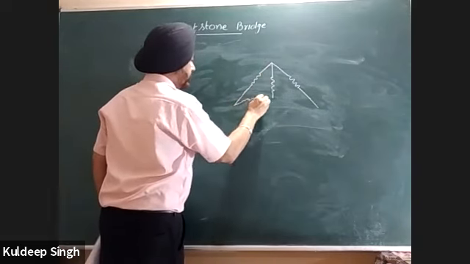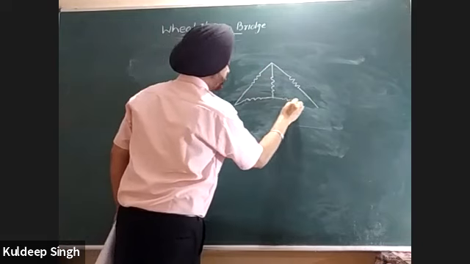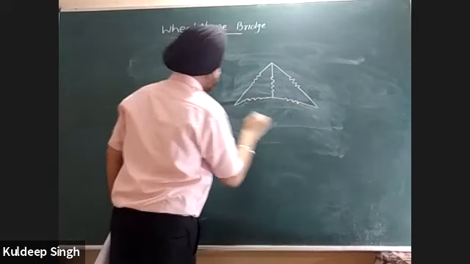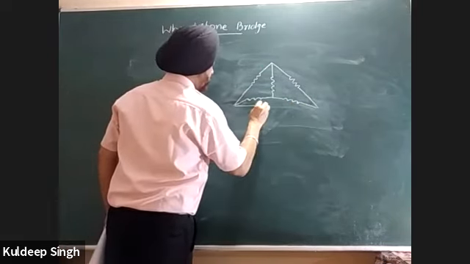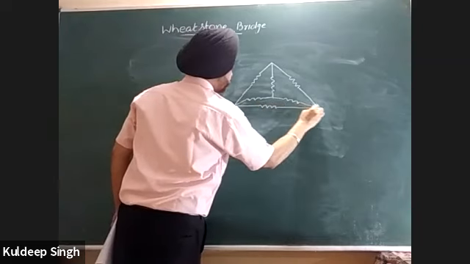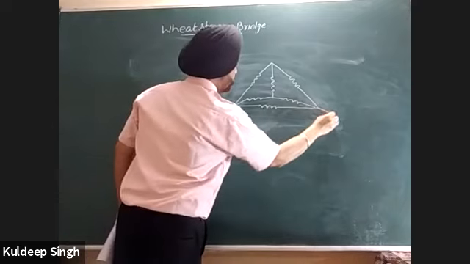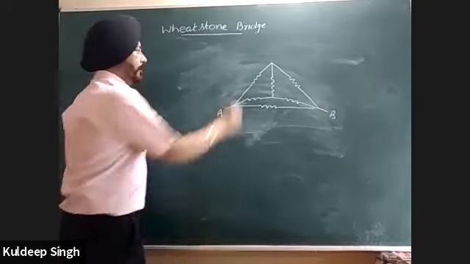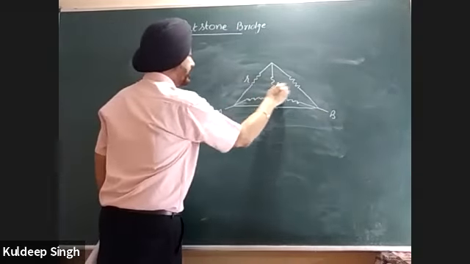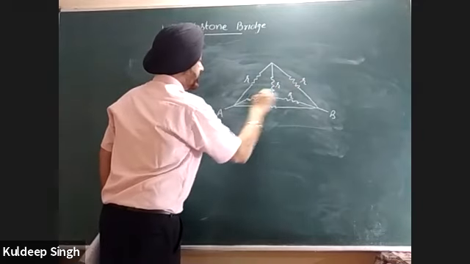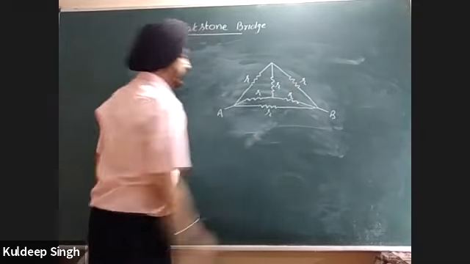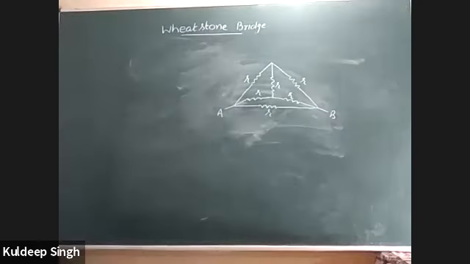So the examiner has connected the resistance in this way and one more resistance there. This point is A and this point is B. Each resistance is R. You are to find the resistance between point A and B.